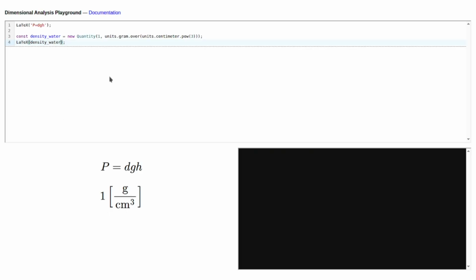If I wish, I could convert that into a different unit system, but dimensional will automatically convert everything it needs to in the background. So we don't have to do that, but I'll just demonstrate to show how it's done.